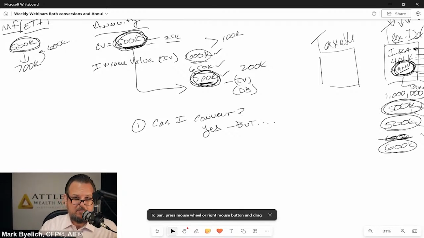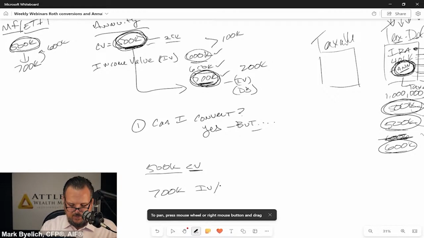They may also say yes, but if you convert, you give up the guarantees. Now that one is very common, and that's the situation we have with a few clients. We didn't place these people, and we didn't recommend these annuities that they have. They have them already, but let's just say they have a $500,000 current value, and their income value in this case, or even death benefit, is $700,000.